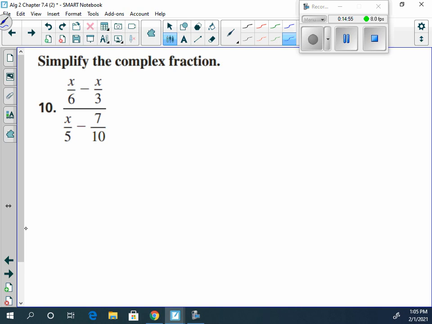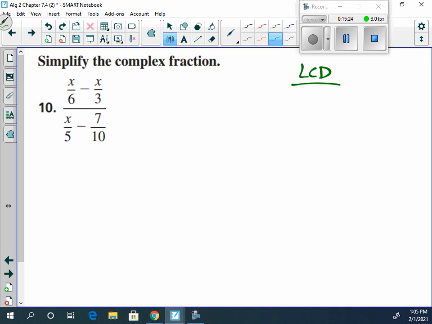Now this one here only has numbers, so we don't have any variables in the denominator. But we have 6, 3, 5, and 10. Now we're still looking for a least common denominator, a number to multiply each of these terms by so that the denominators simplify out, so I don't have fractions in the numerator and denominator.